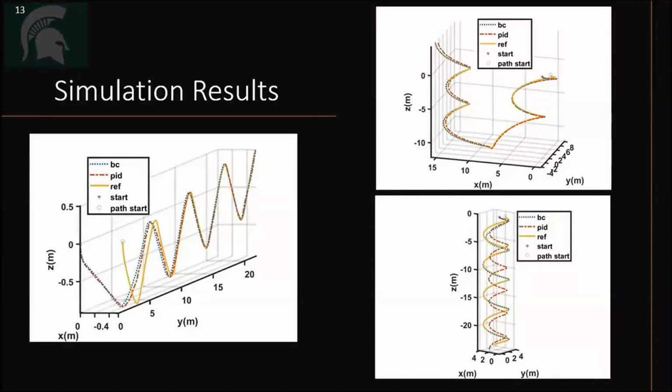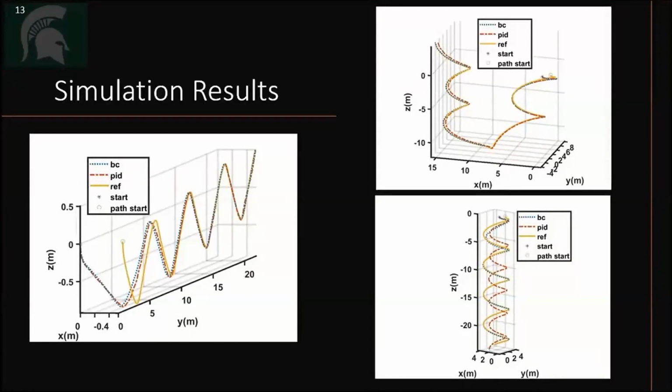The trajectories shown here were chosen to evaluate the performance of the backstepping controller and compare it against a PID controller. This PID controller was designed using the same error vector, PEA, that was used to design the backstepping controller.